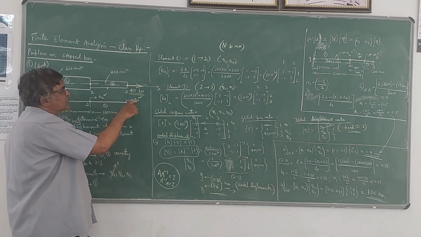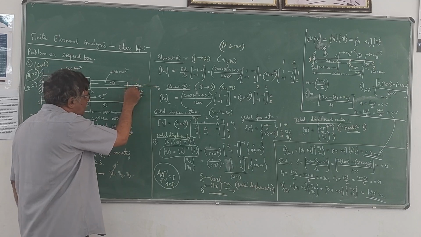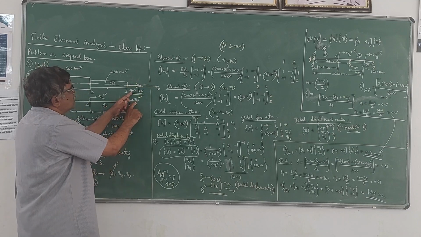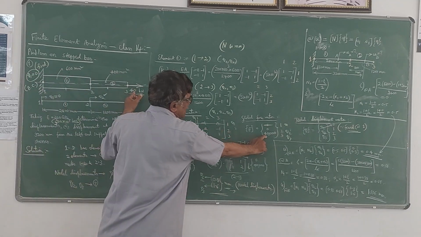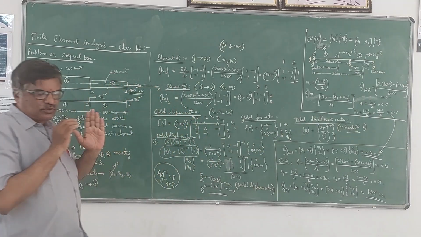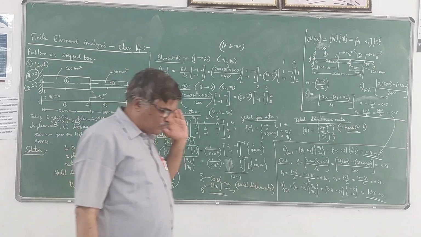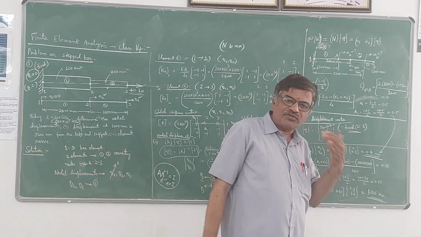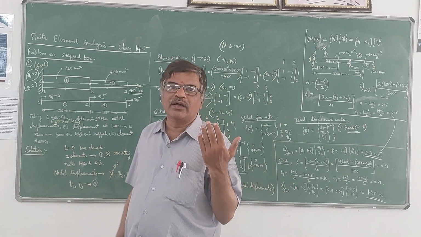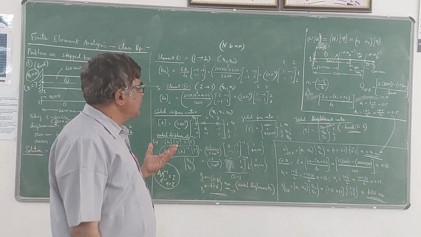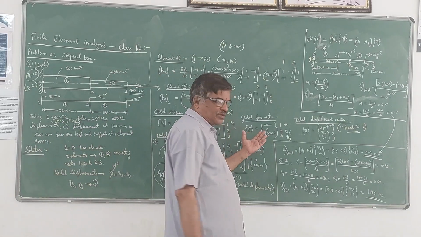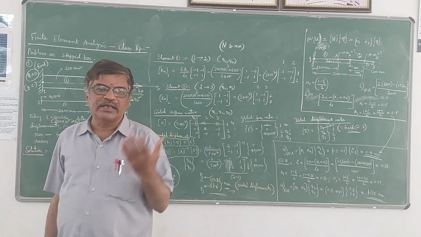Please note here. Suppose they give 40 kN in the opposite direction, then this 40,000 we have to take as negative. So please note that when you are writing the force vector, if the force is given in the direction of the assumed displacement, then it is positive. If the force is in the opposite direction, then it is negative.